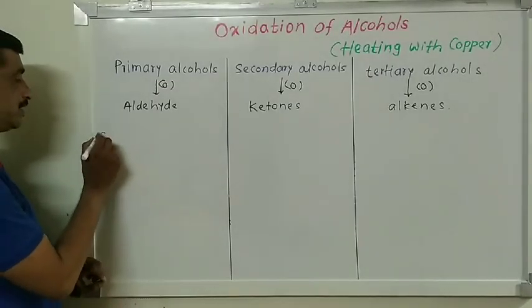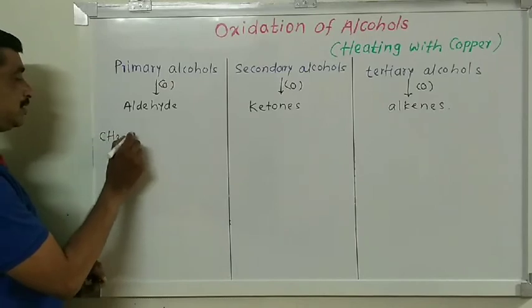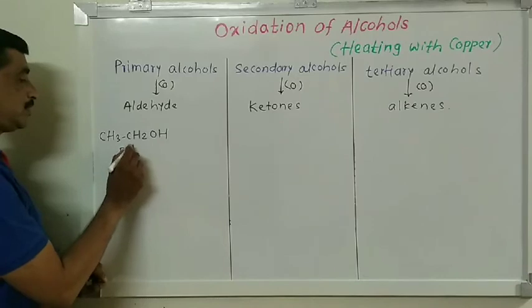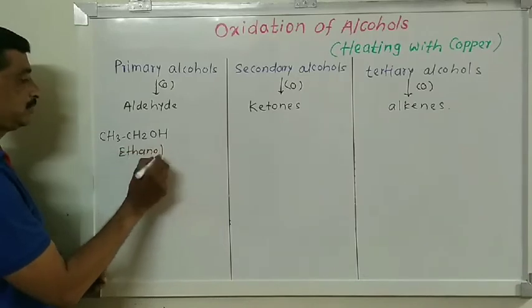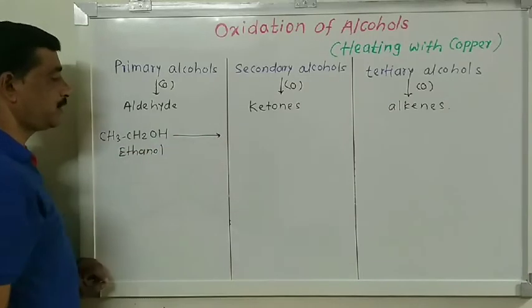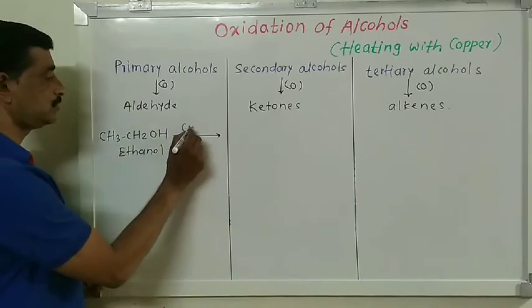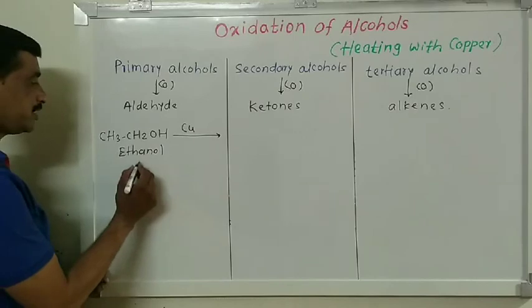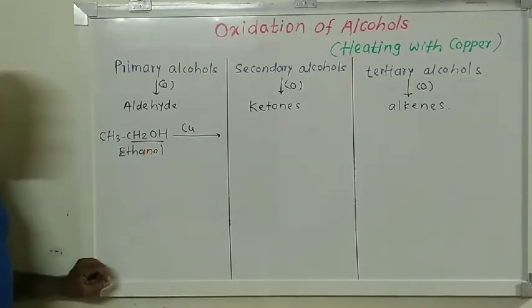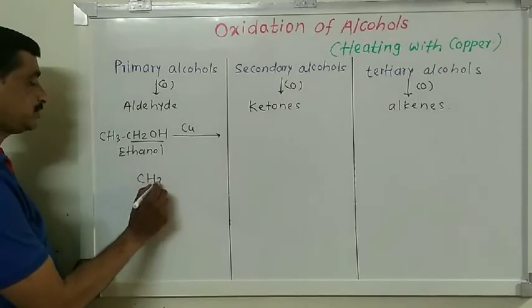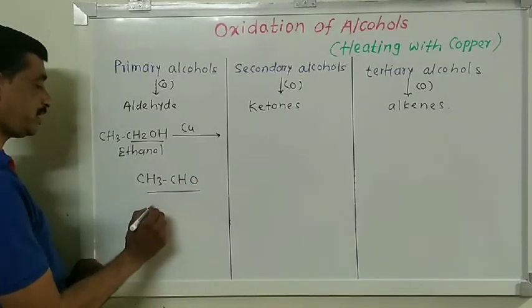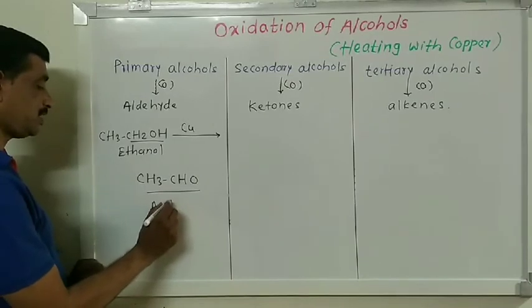When you consider ethyl alcohol or ethanol, when passed through heated copper, it undergoes oxidation and the CH2OH group is converted into CHO, giving CH3CHO, acetaldehyde.